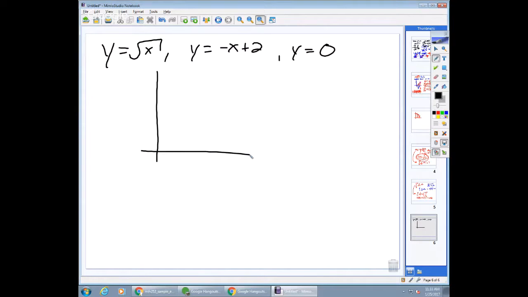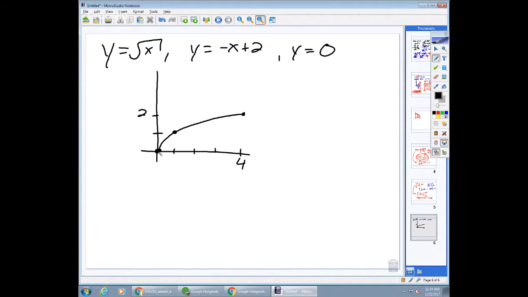Let's see, the square root: 1, 2, 3, 4. Square root of 0 is 0, square root of 1 is 1, and the square root of 4 is 2. So that's a rough sketch of the square root function.